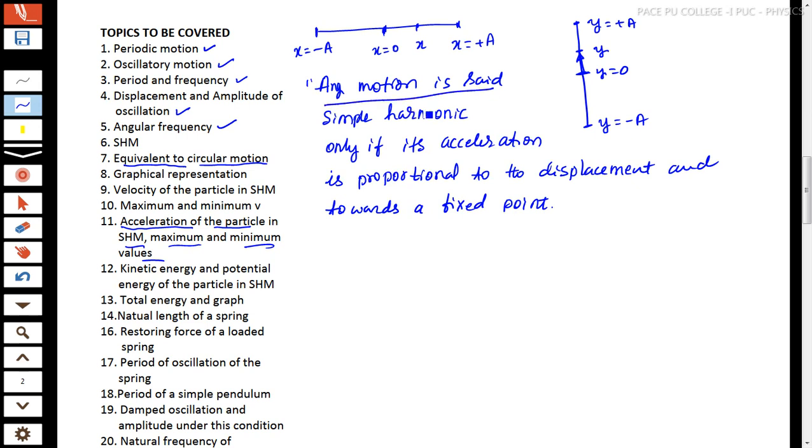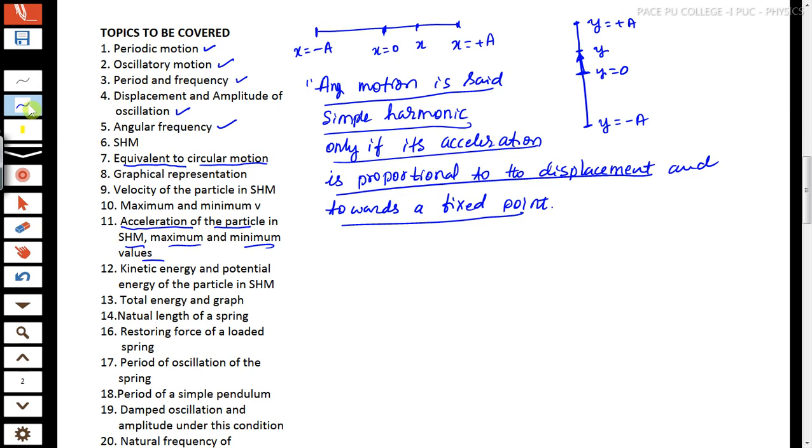See the definition of simple harmonic motion: any motion is said simple harmonic only if its acceleration is proportional to the displacement and towards a fixed point.